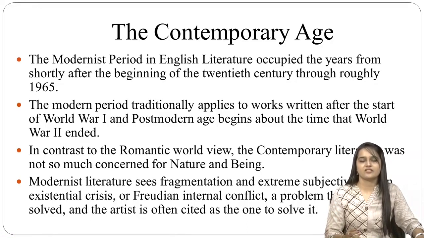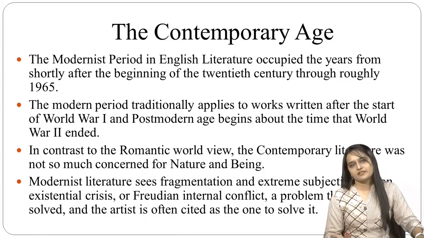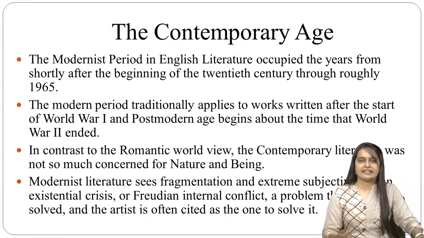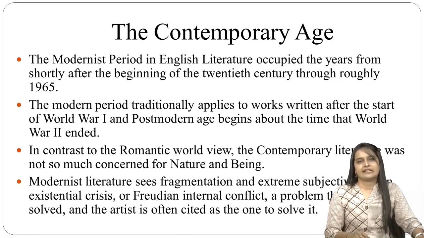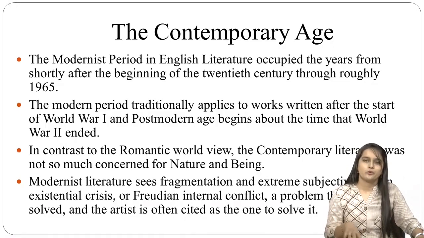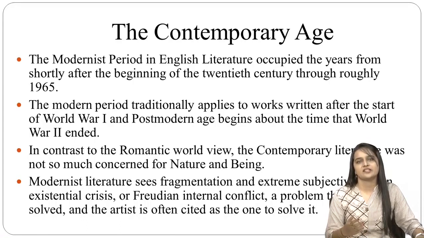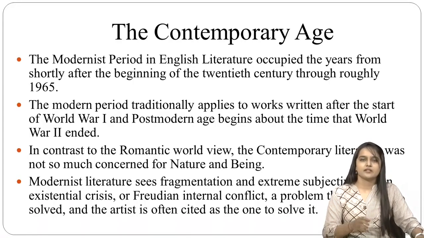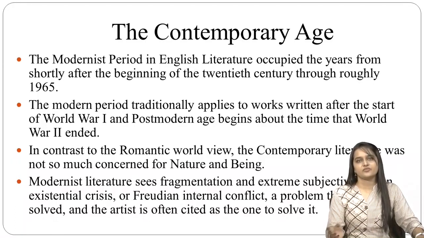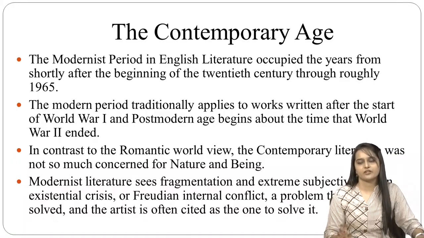The machinery of modern society is perceived as impersonal, capitalist, and antagonist to the artistic impulse. So, in character development, both modern and postmodern literature explore subjectivism, turning from external reality to examine inner states of consciousness.